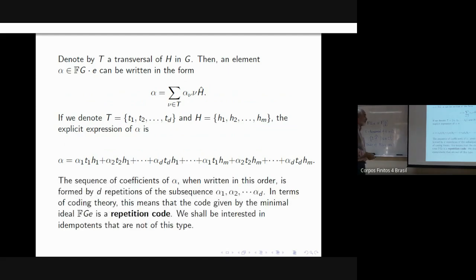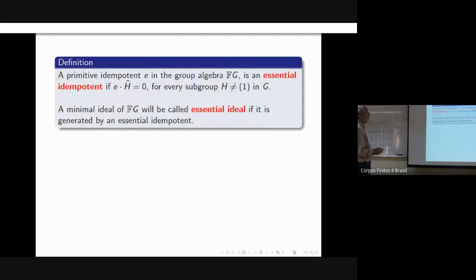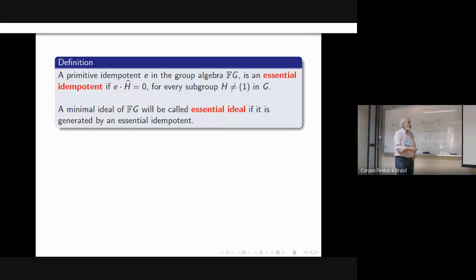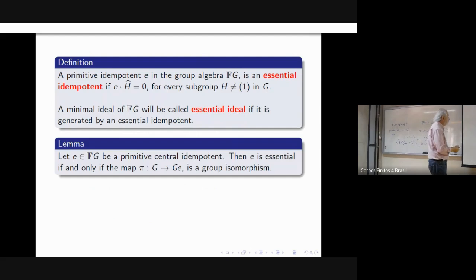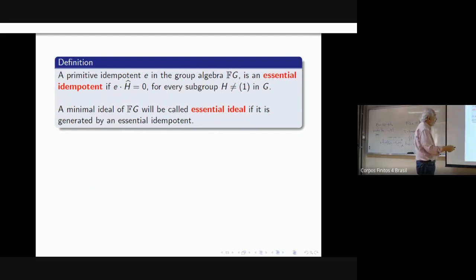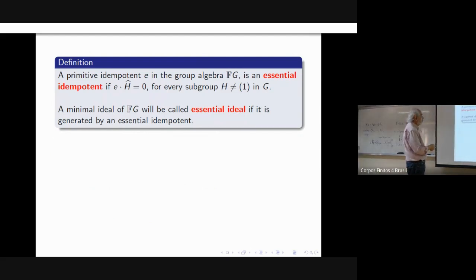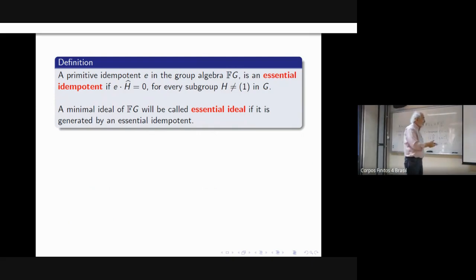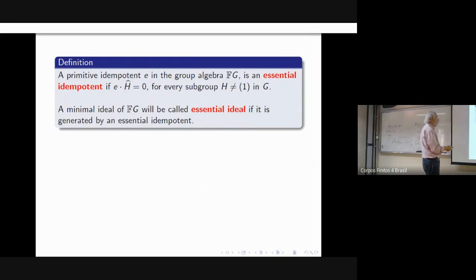So we don't want to have this possibility. So we say that a primitive idempotent is essential if this product is zero for every subgroup. So these are the primitive idempotents that do not give repetition codes. Ideals generated by these are called essential ideals.